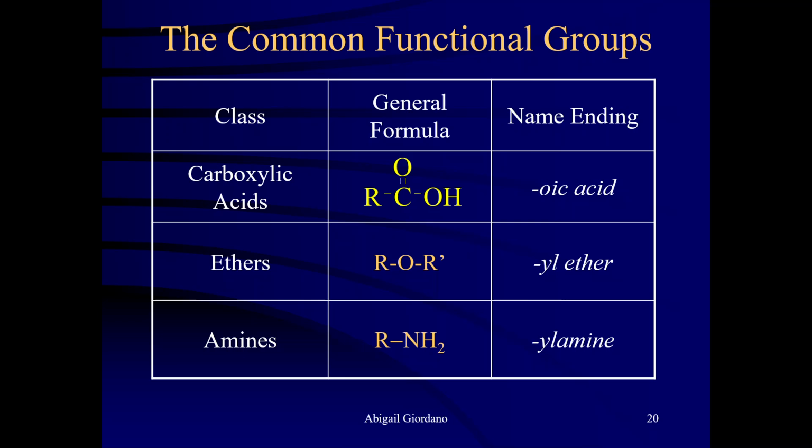So let's look at this last one. They're called amines. And if that term amine is a little bit familiar to you, especially if you have a biology background, you might think of amino acids. Amine means nitrogen containing compounds. So an amine is if you have an NH2 group attached.